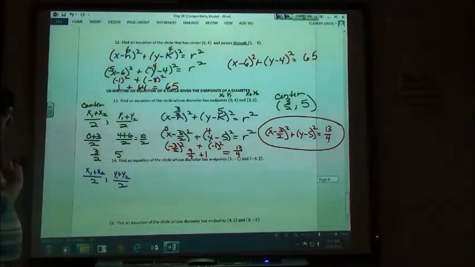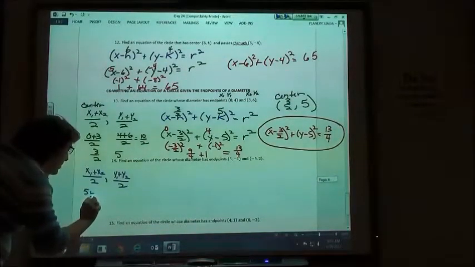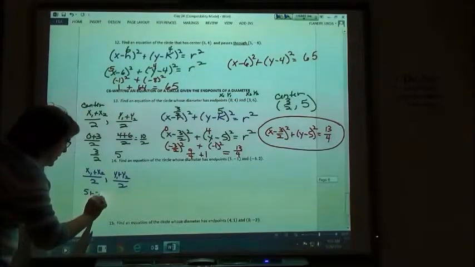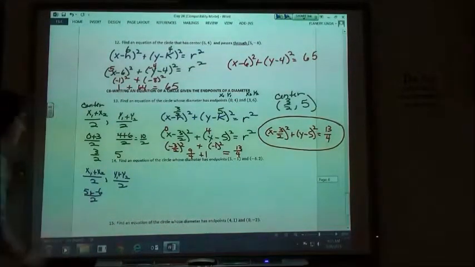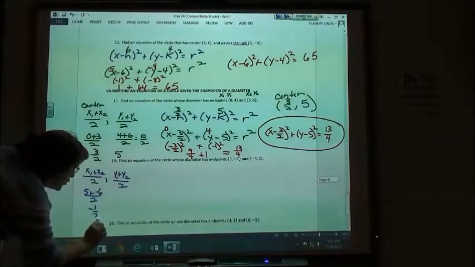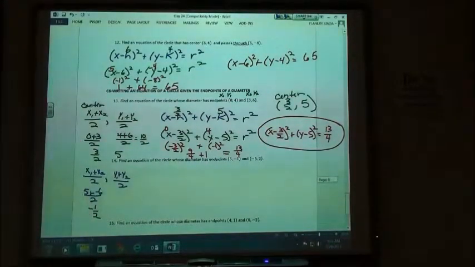x1, y1, x2, y2. So x1 is gonna be 5. Yep. 5 plus -6. 5 plus a -6 is going to give me -1. So we're going to get -1 over 2, right? Yep. So -1/2.